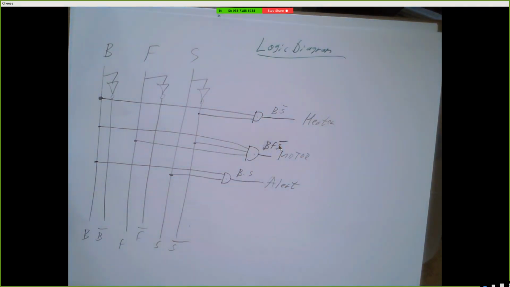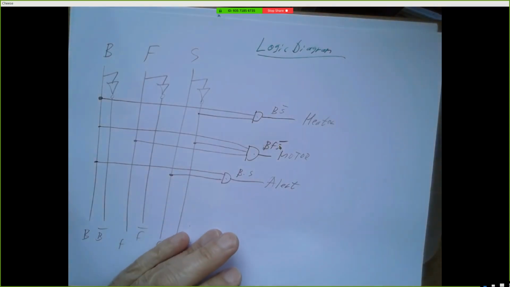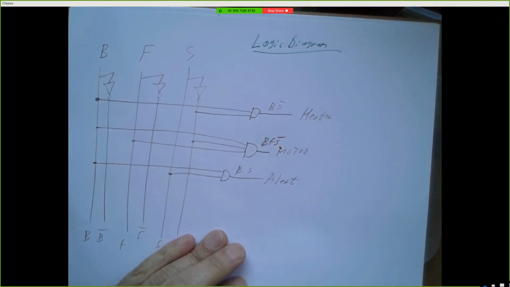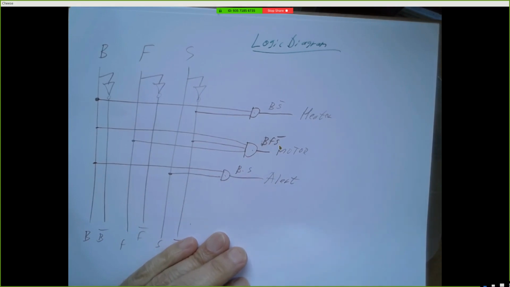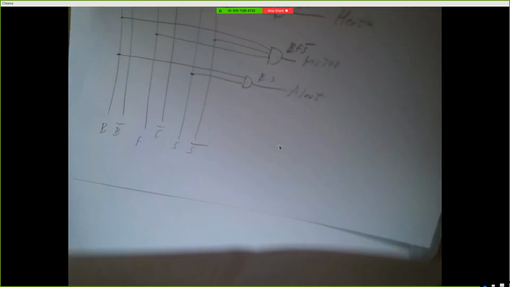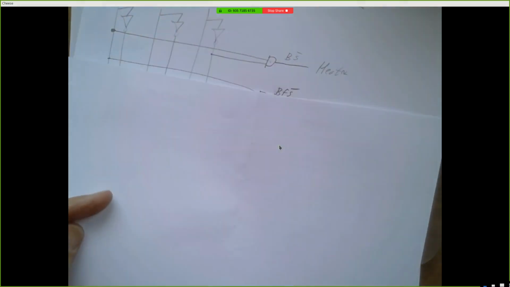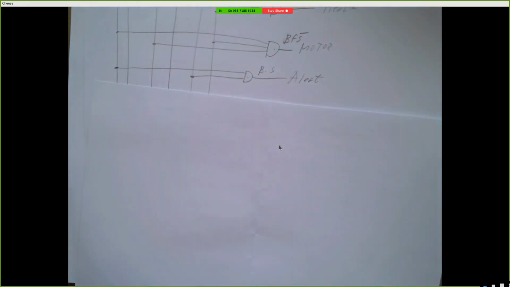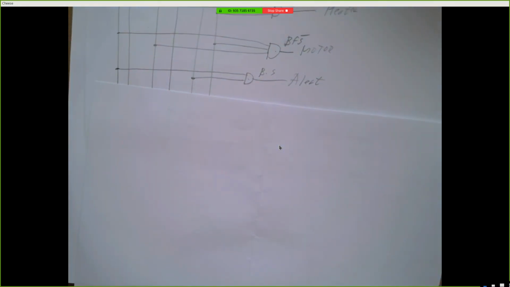So you play around with this and you try to turn it into something that's going to be as painless as possible to actually build. So this is part of the art of circuit design. And get yourself a good sharp pencil and a nice eraser and mess around with it, right?